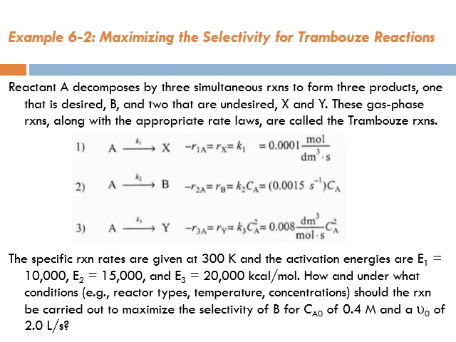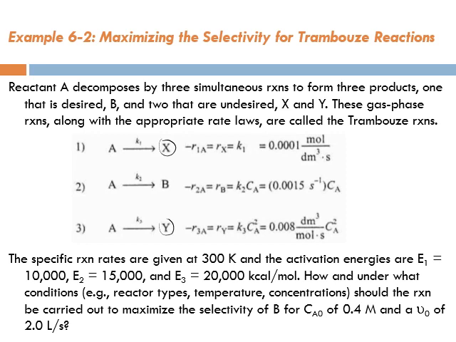Reactant A decomposes by 3 simultaneous reactions to form 3 products: 1 that is desired, B, and 2 that are undesired, X and Y. So you can see that you have reactions in parallel.